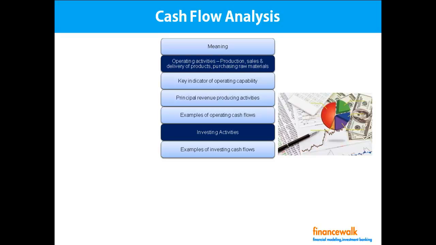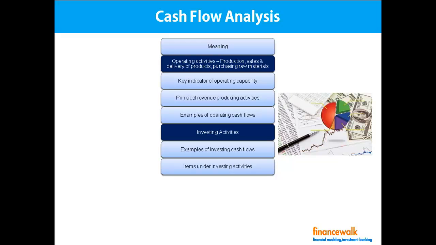Fourth is expenditure for purchase of plant and equipment. Fifth is loans made and acquisition of other firms' debt instruments. And lastly, expenditure for purchase of other firms' equity instruments. So these are the activities which are included in investing cash flows.